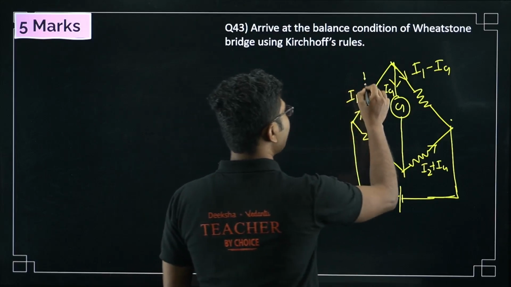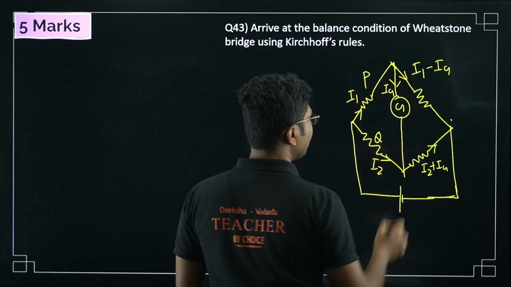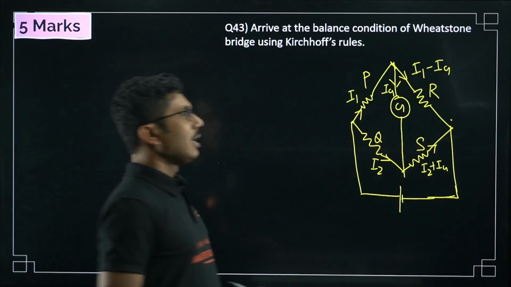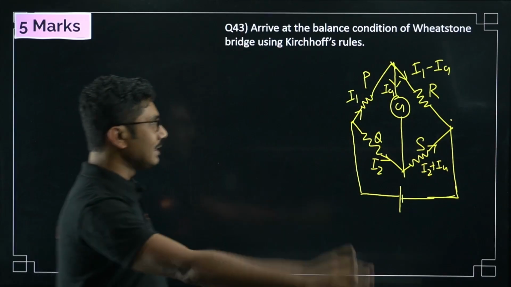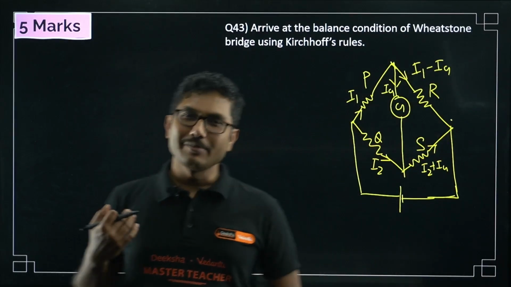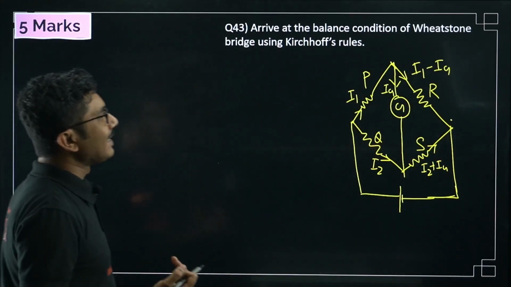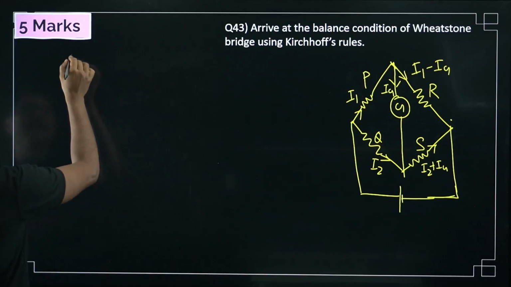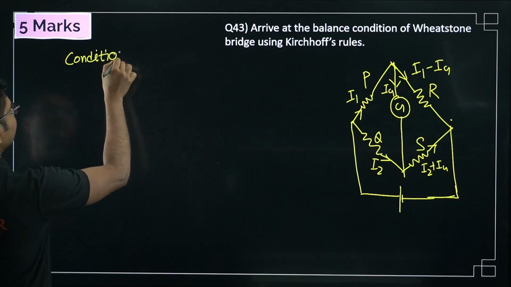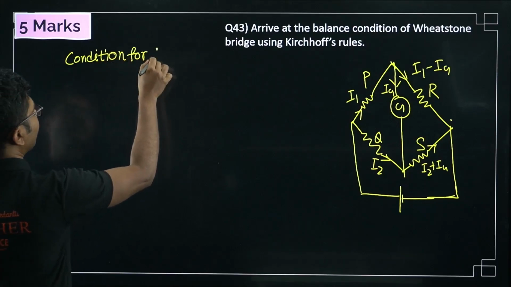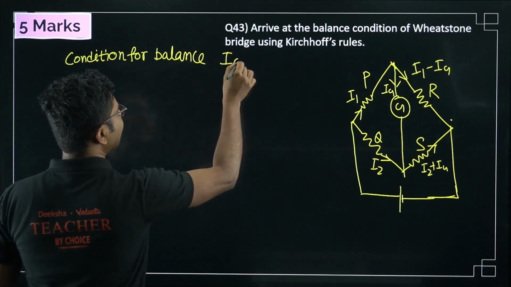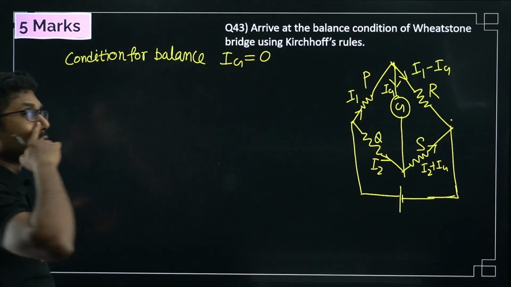This resistance is P, this resistance is Q, this is R, this is S. Okay, now I am going to teach you, I have done this multiple times. Today I am going to do it in a different way. It's a little bit shortcut way. What is that? The condition for balance is Ig equals to 0.